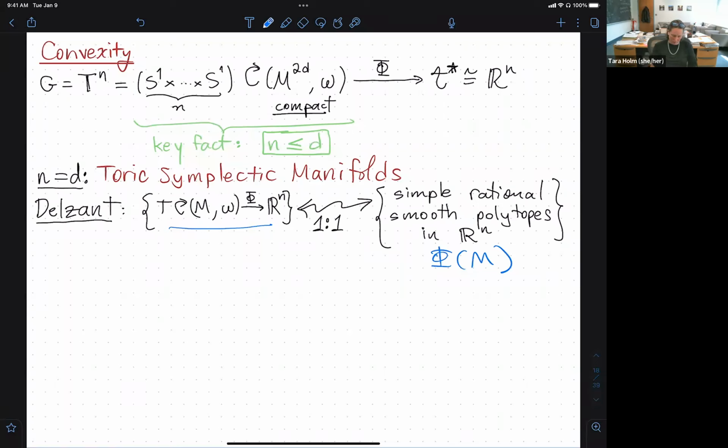This polytope phi of M has to satisfy certain properties. It is simple: it has precisely n edges incident to each vertex.